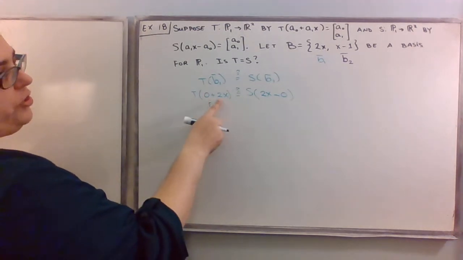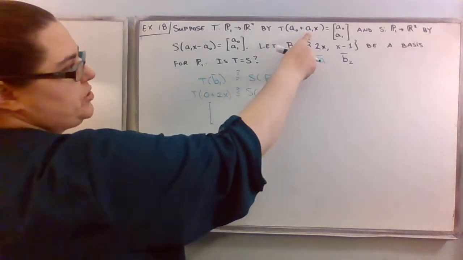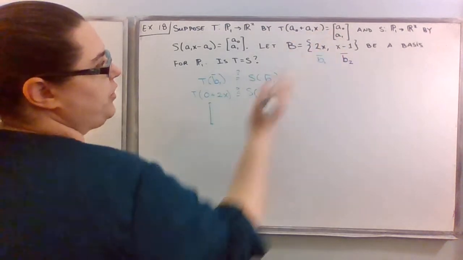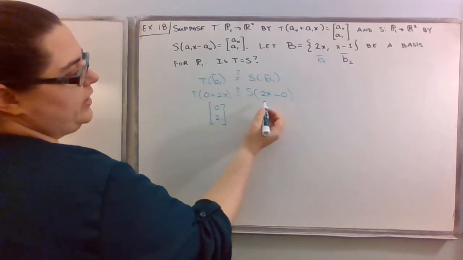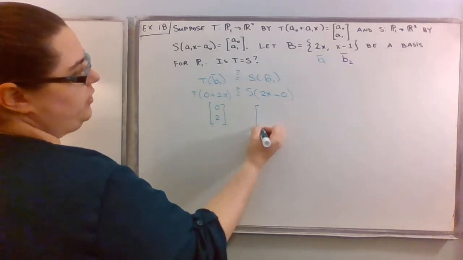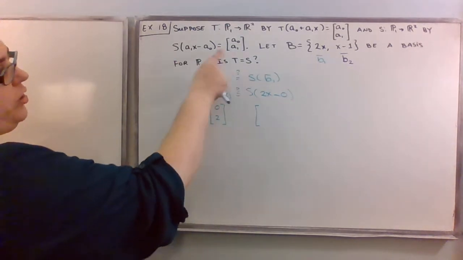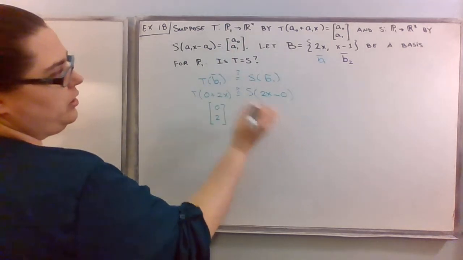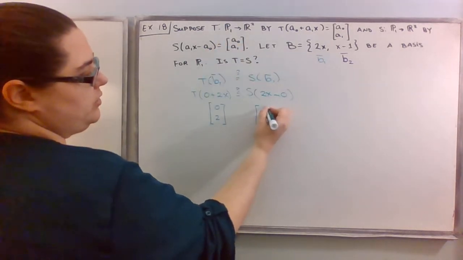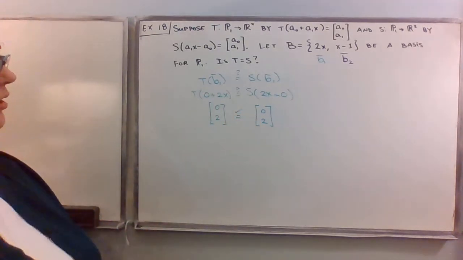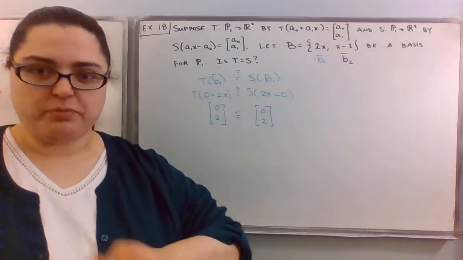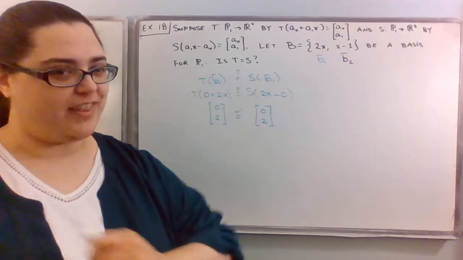So T of 0 plus 2x is going to give me (0, 2). And S of 2x minus 0, here's our a1, the second coordinate, and we get 0 here. So yes, those two are equal. T of b1 and S of b1 are the same, so we're halfway there.